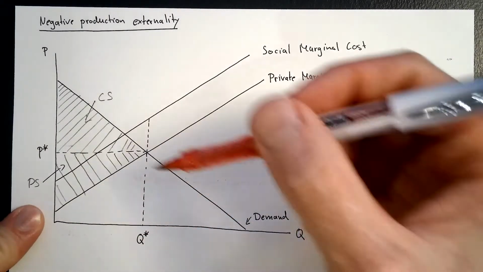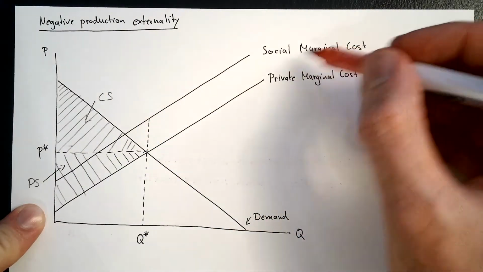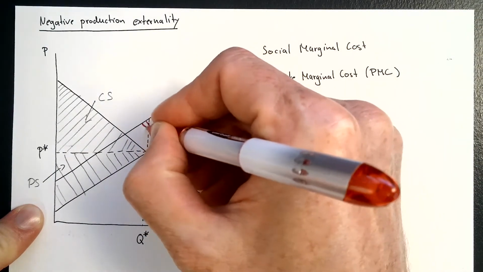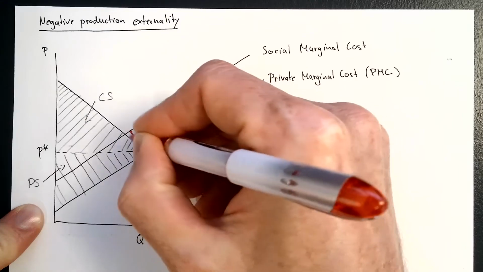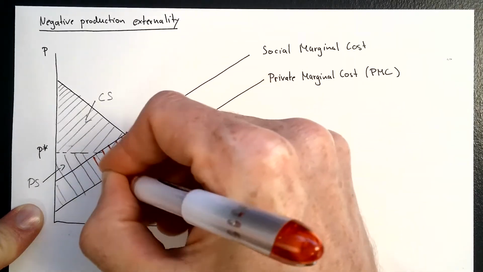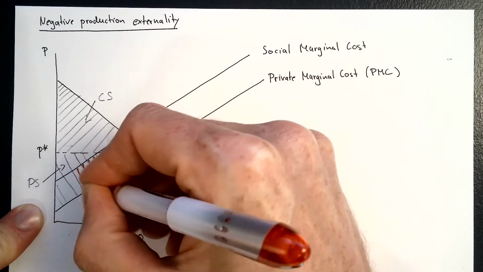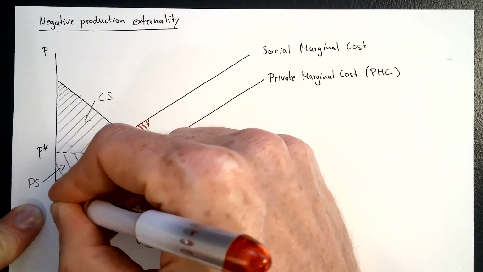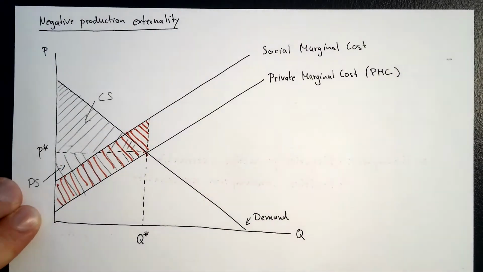And this is the cost associated with the externality. So what I mark here in red, this area represents a cost.